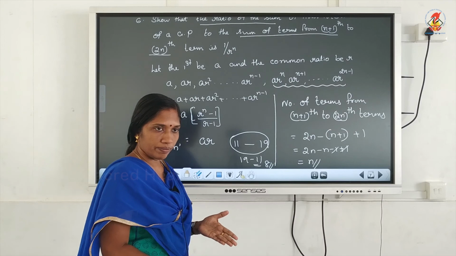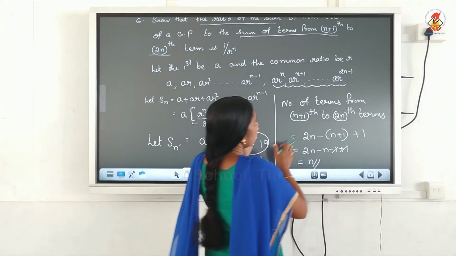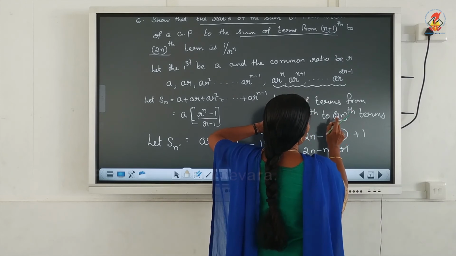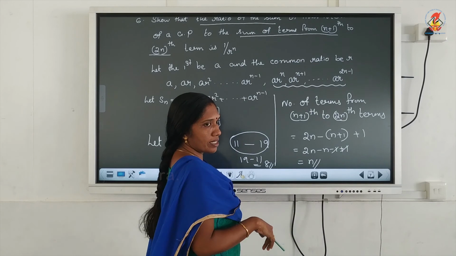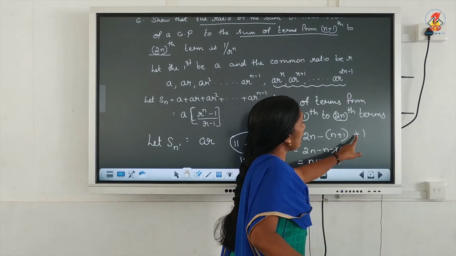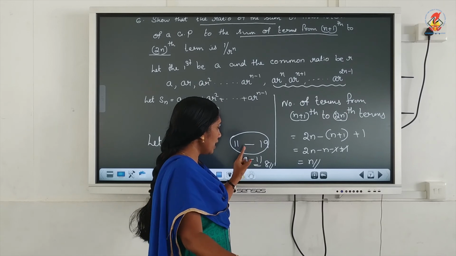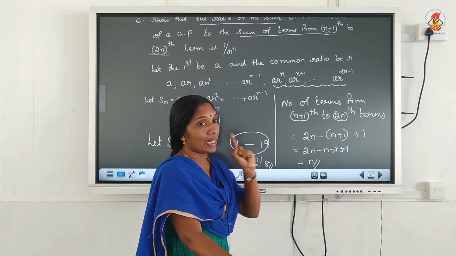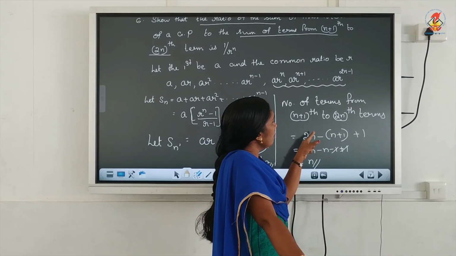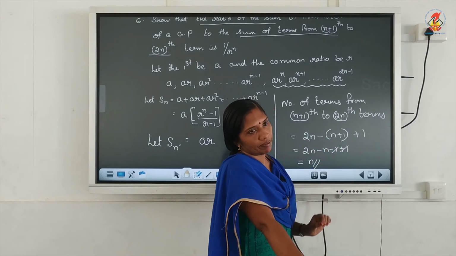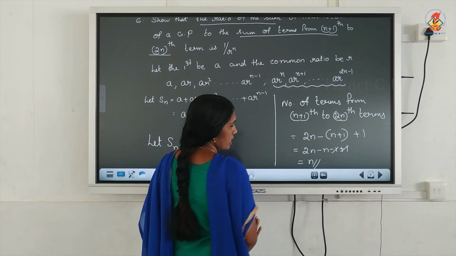That is wrong. Including both there are 9 numbers. Like that, if you just subtract 2n minus n plus 1, you will get n minus 1 numbers. That is wrong. You have to add plus 1 also. So that is the rule: 19 minus 11 plus 1. Here also I did the same, 2n minus n plus 1 plus 1. So there are n numbers. I hope you understood.